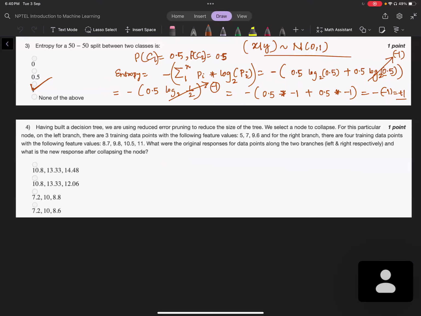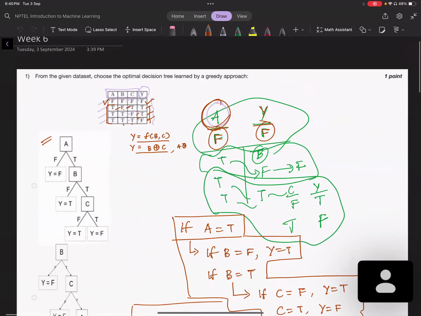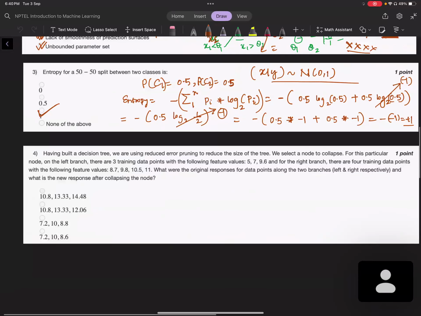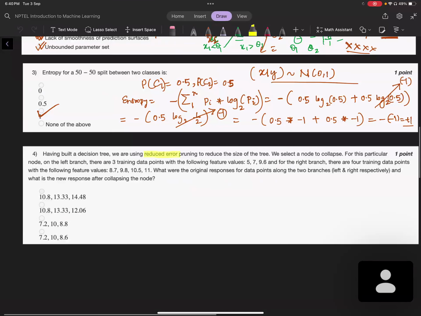We are using reduced error pruning. I hope you are familiar with reduced error pruning. We are using it to reduce the size of the decision tree. We select a node to collapse. For this particular node on the left branch, there are three training data points with the following feature values 5, 7, and 9.6. And for the right branch, there are 4 training data points with the following feature values.